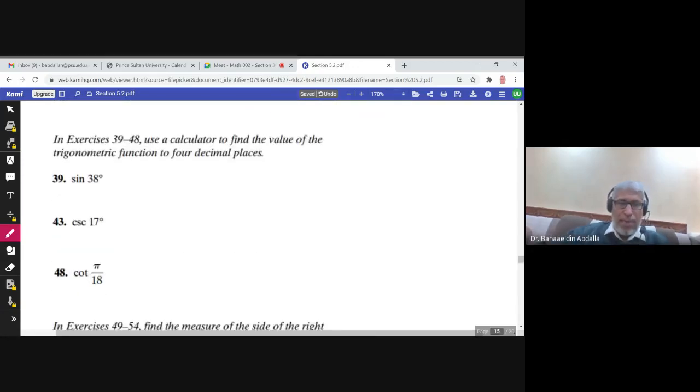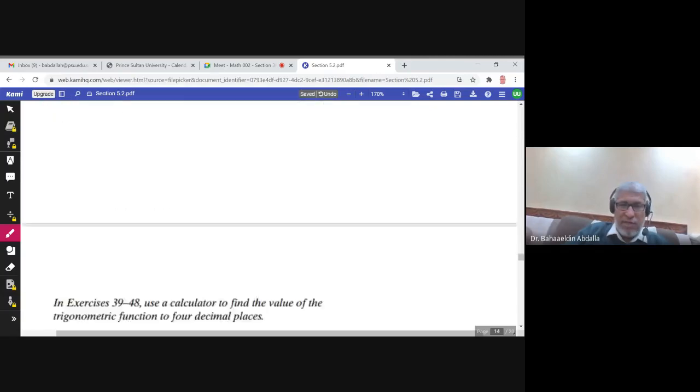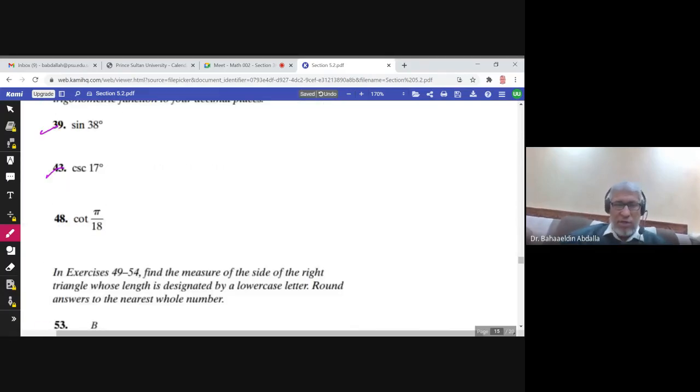Some other questions from the book. Do the same, please. Find these by calculator. Let me find one for you. To find cotan pi over 18, of course, this is radian because there is no degree. So I have to be in radian mode. And I will write 1 over tan pi over 18.